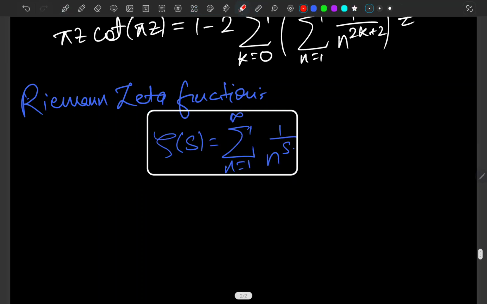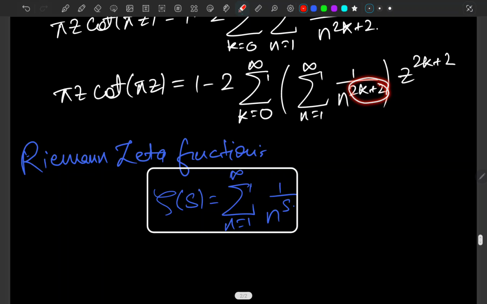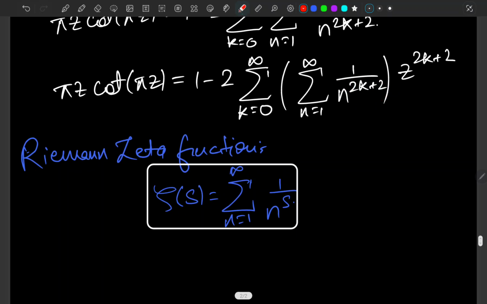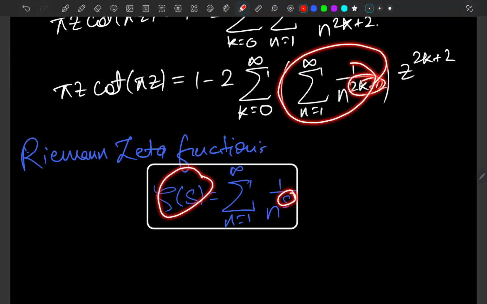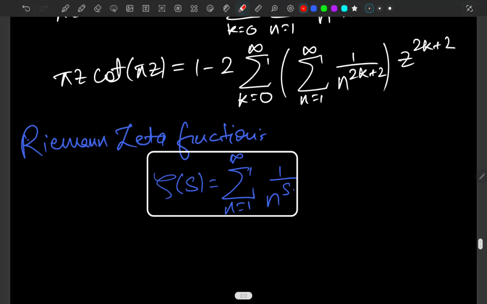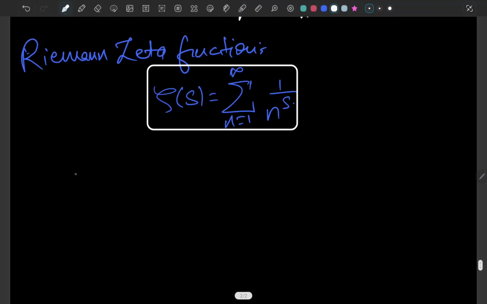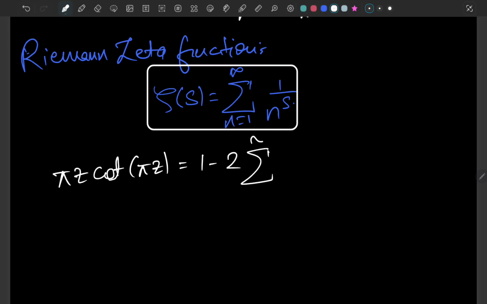So for our case, we are having s equals 2k plus 2. Just take a look at these two things. If we compare this s with this one, basically this sum is representing Riemann zeta of 2k plus 2, right? Okay, so our pi z cotangent of pi z is coming out to be 1 minus 2 times this sum with index variable k from 0 to infinity of Riemann zeta of 2k plus 2 and z to the 2k plus 2.